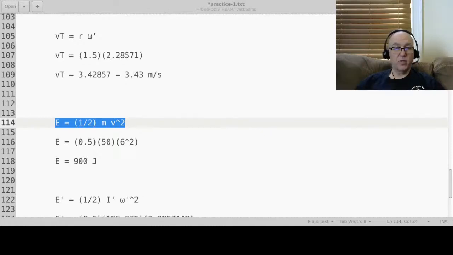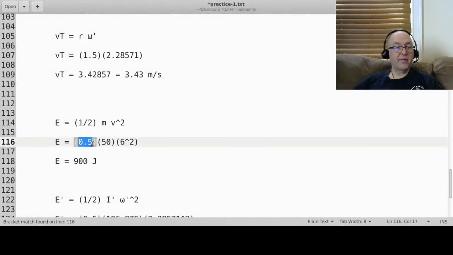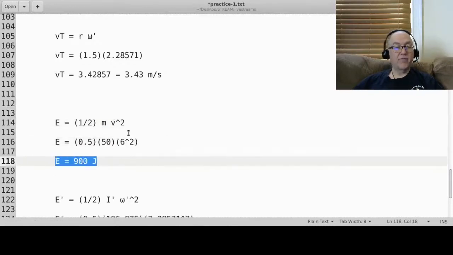No 1/2 I omega squared, there's no rotation. So half the child's mass, 50, times the velocity before the collision, 6, squared, for a value of 900 joules. So that's how much energy the child has running up to this merry-go-round.